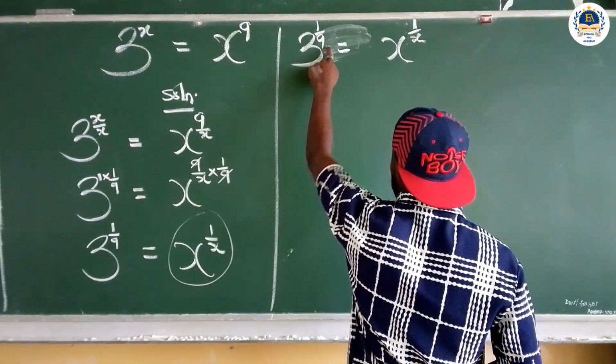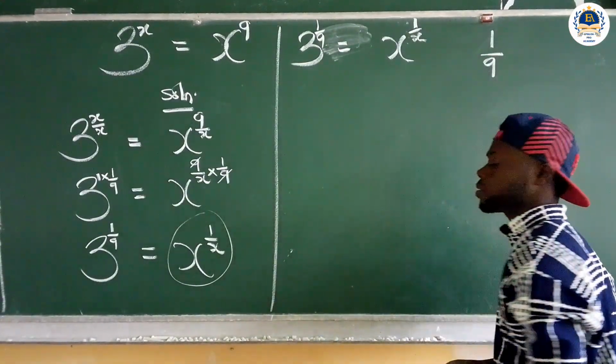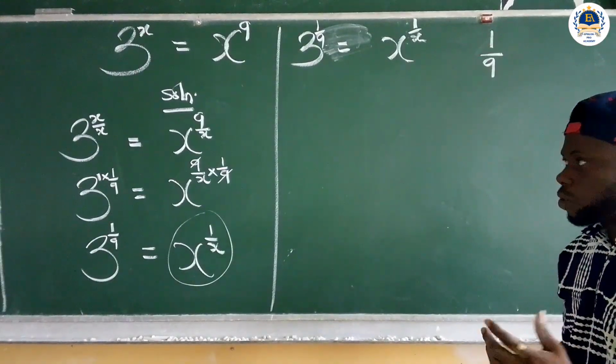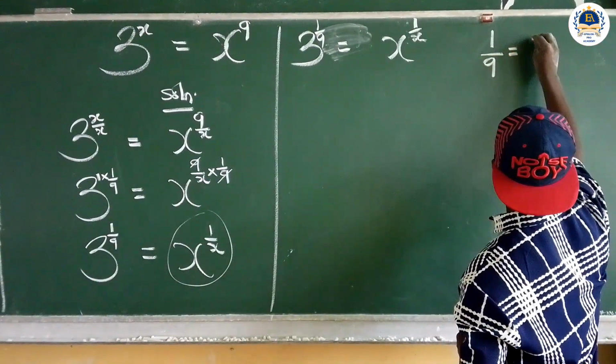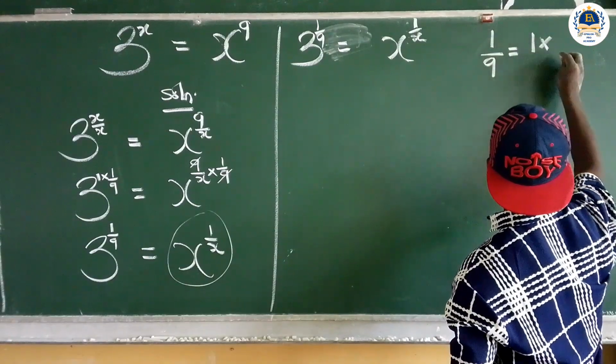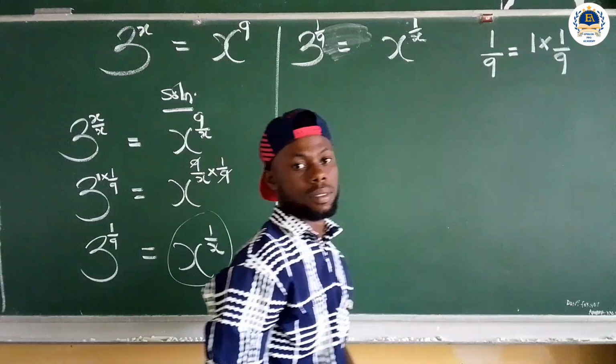Now let us examine the power. The power here is 1 over 9. This 1 over 9 can also be written as 1 times 1 over 9. It's the same thing.